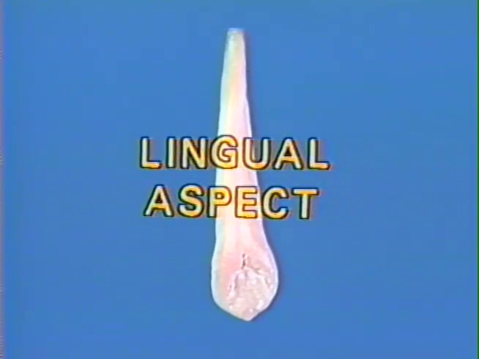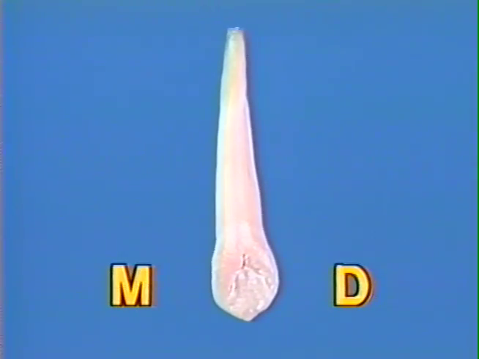The lingual aspect. The outlines of the lingual aspect are essentially the same as viewed from the labial. The lingual surface is narrower mesiodistally than the labial, due to both mesial and distal surfaces converging toward the lingual.